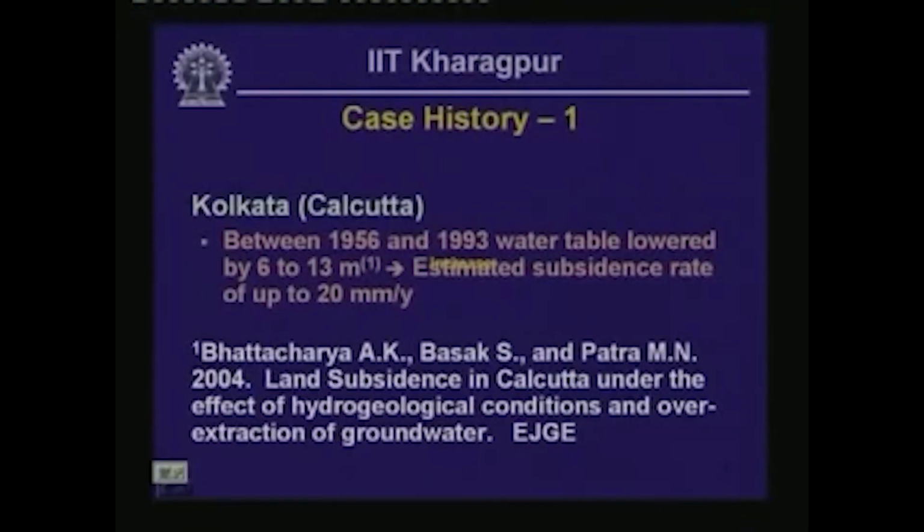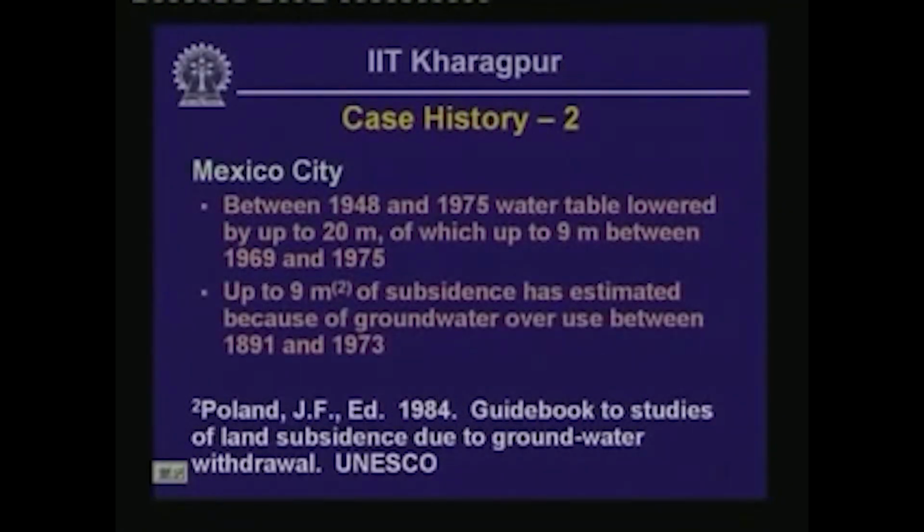This is a real problem in the city of Calcutta, but the problem is more remarkable in another case history involving the capital city of Mexico. In Mexico City, between 1948 and 1975, water table has been lowered by up to 20 meters, and out of these 20 meters, 9 meters has taken place between 1969 and 1975.